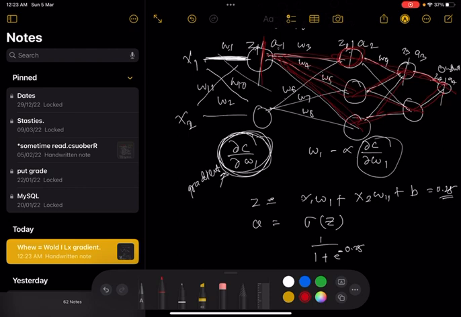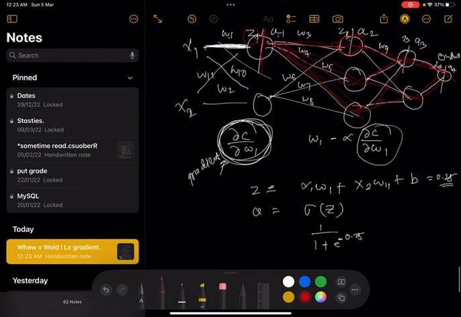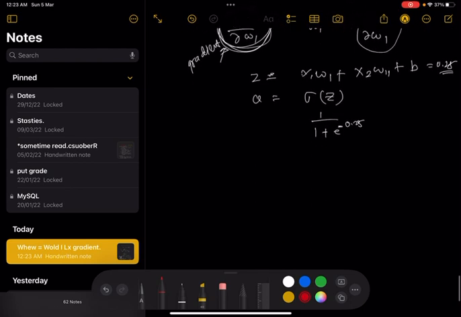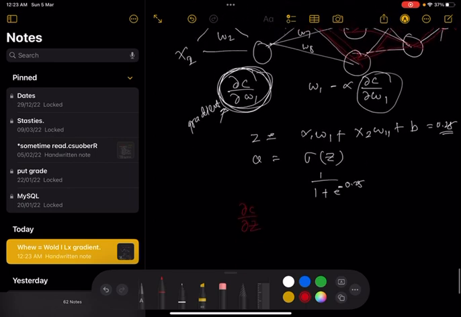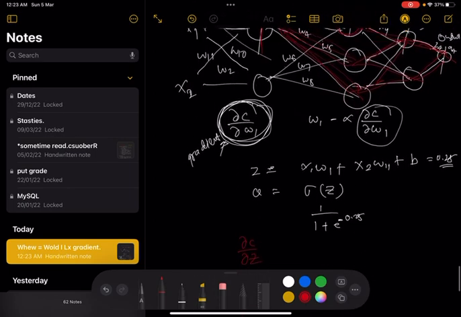But what if we know the value here? If we know dC/dz at any point, we can calculate the gradient very easily. You know why?